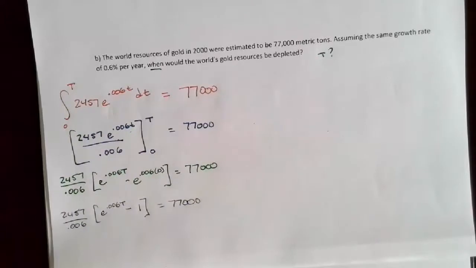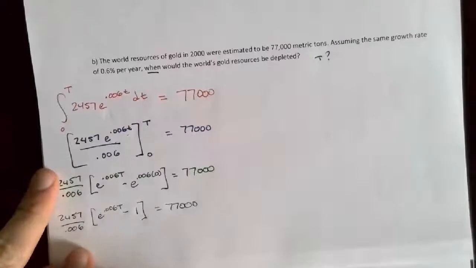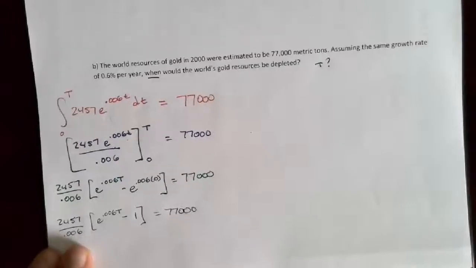Now remember the goal is to solve for capital T. Make sure you know how to solve this, because it might not be obvious to you. You want to remove this fraction from the front. We can do this by dividing first and then working out what that value would be.